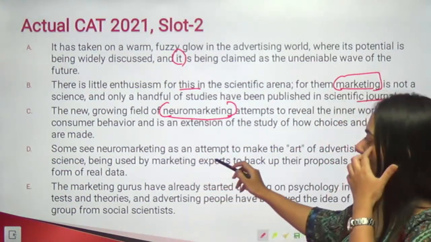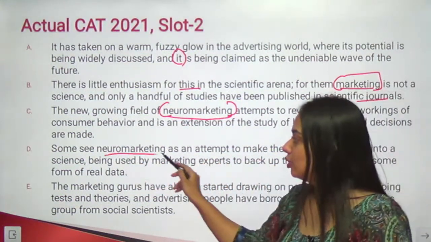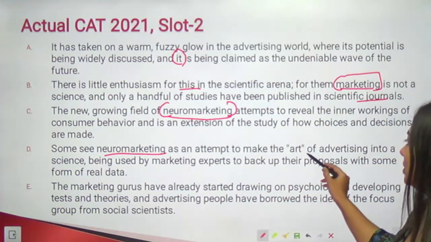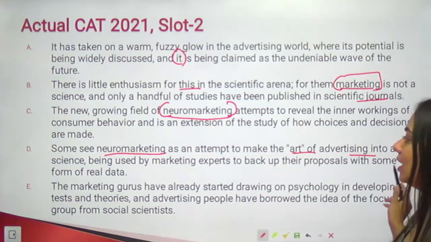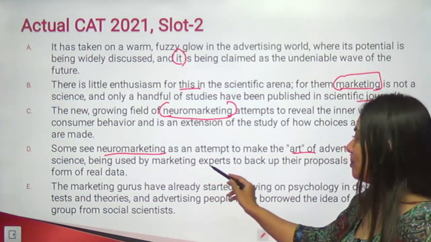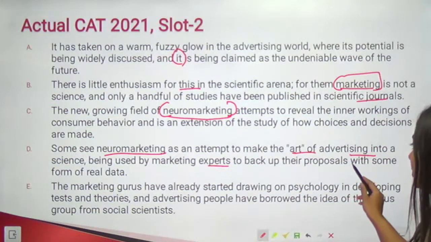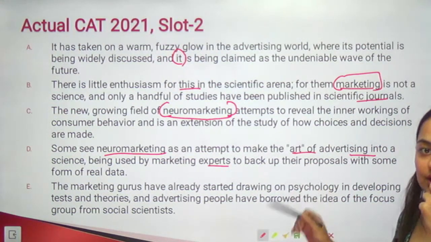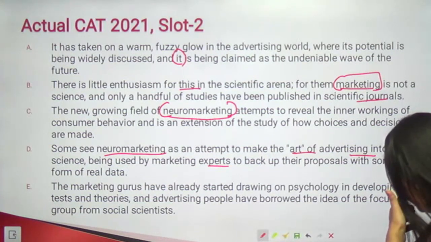Some see neuromarketing as an attempt, again guys, neuromarketing, the same subject. Some see neuromarketing as an attempt to make the art of advertising into a science, being used by marketing experts to back up their proposals with some form of real data. Again, a relation between science and marketing.